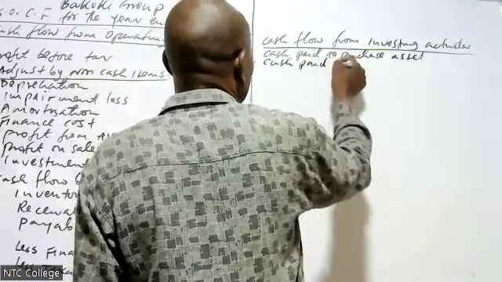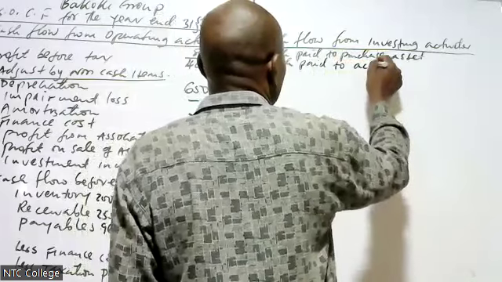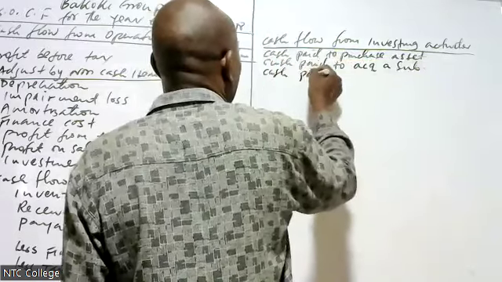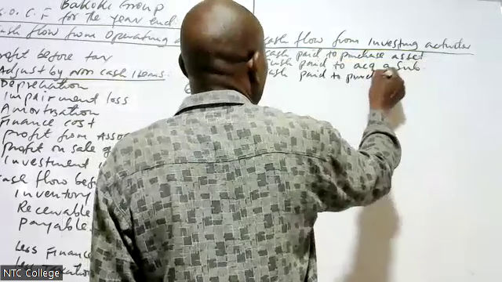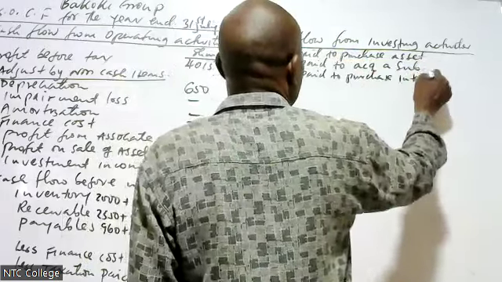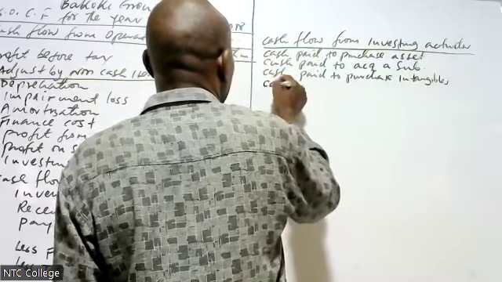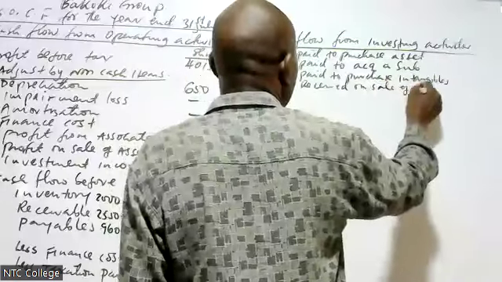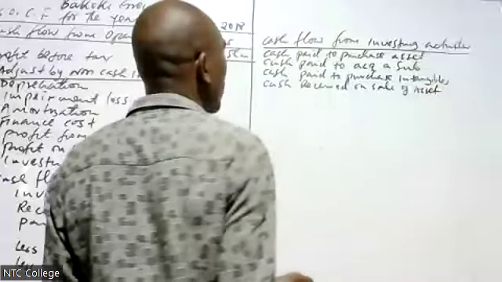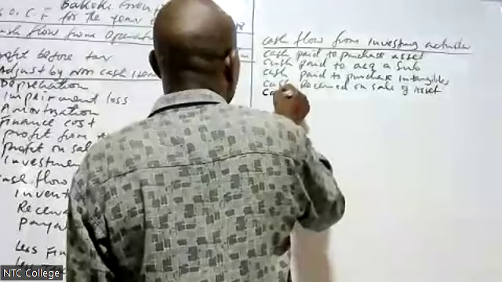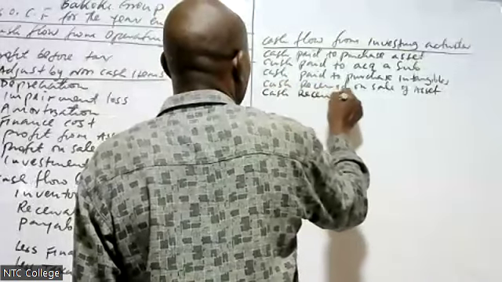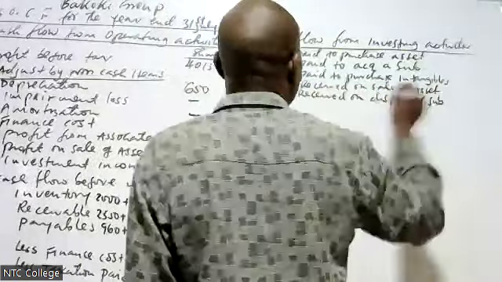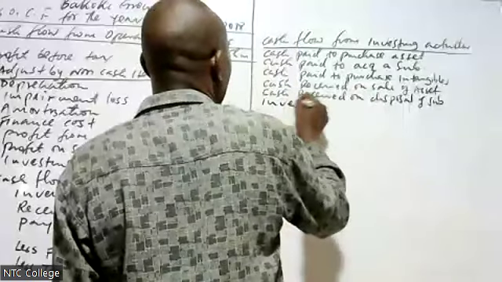Cash paid to acquire a subsidiary. Cash paid to purchase intangibles. Cash received on sale of assets. In this question, we did not dispose of a subsidiary, but if we had, cash received on disposal of subsidiary.